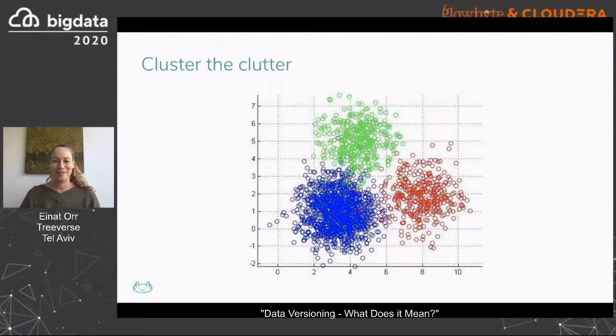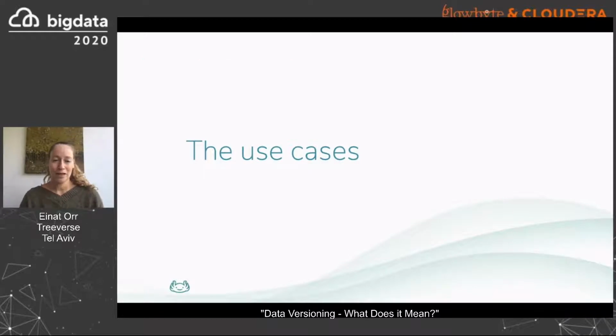Let's see if I succeeded in doing that. There were quite a few ways we could have classified the tools, but in the end we thought use cases is probably the way that separates the tools from one another in the best form. So what are the use cases and what are the classifications?